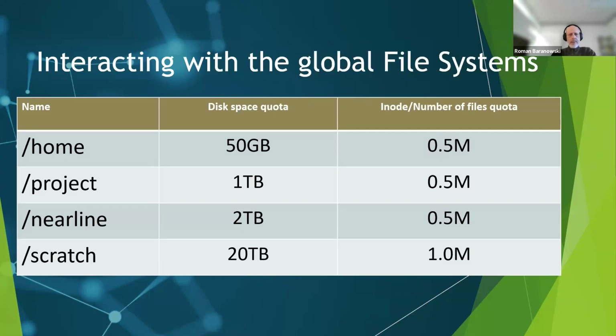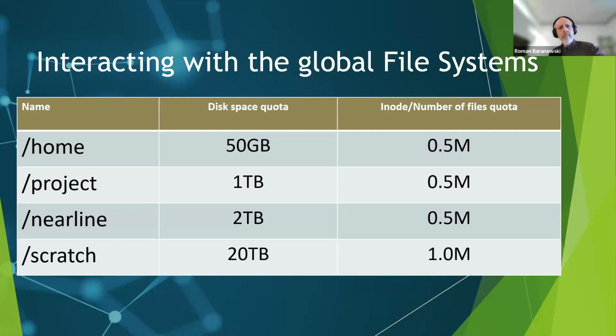Since this is a shared facility, we unfortunately have to impose quotas on the size and number of files every user can use. These are the values taken from the Alliance webpage, and these are the quotas for most of the current Alliance systems.